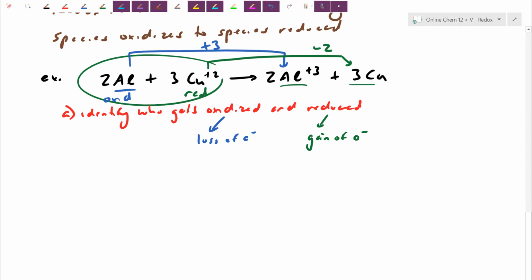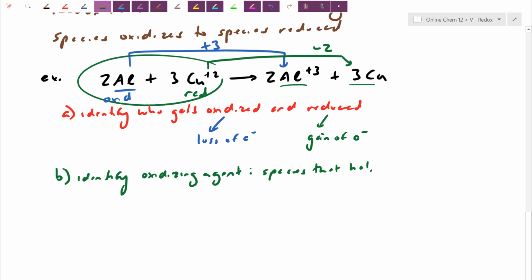Let me introduce to you one other definition here. Similarly, I just want you to identify, between the two reactants again, something referred to as the oxidizing agent. I'll give you the definition for that. An oxidizing agent is a species, a chemical, that helps another oxidize.